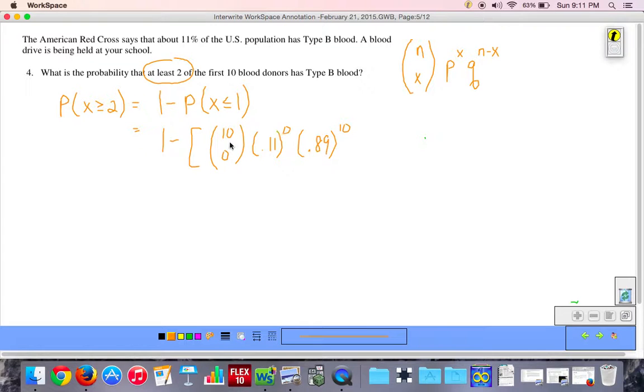This would be if none of the donors were type B blood, and we know 0 is less than or equal to 1, or the other possibility is one of the donors, right? So that would be 10 choose 1 times 0.11 to the first power times 0.89 to the 9th power.